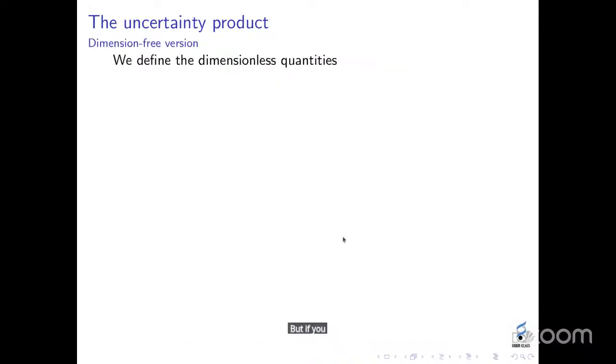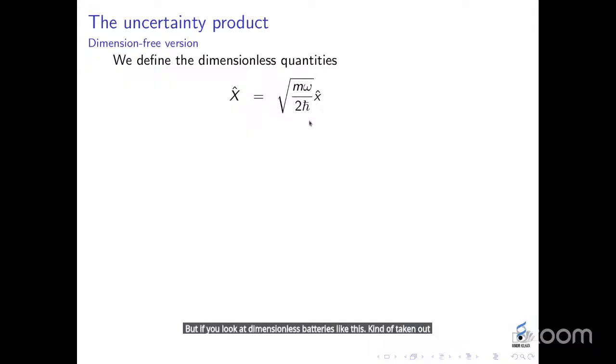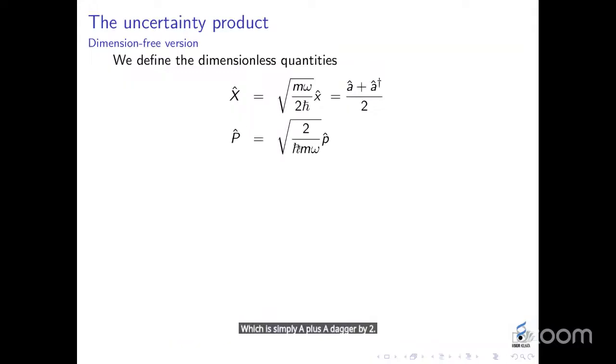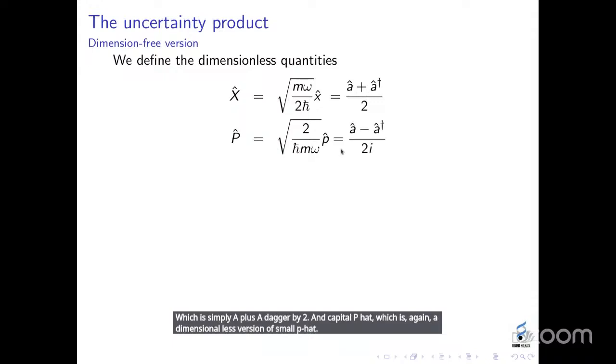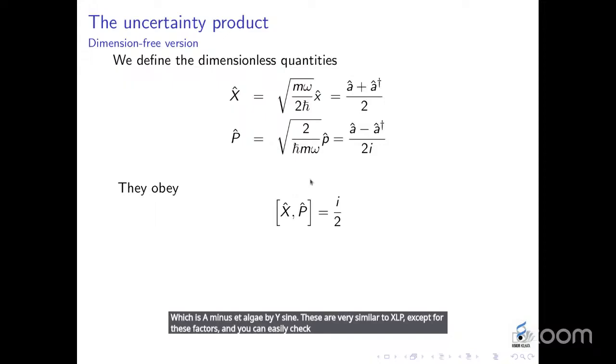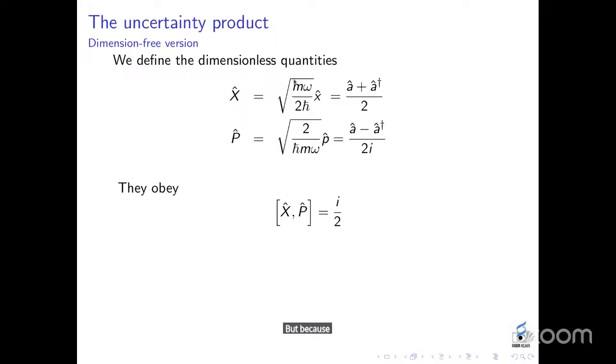But if you look at dimensionless quantities like this, where you have taken out this factor, which has the dimensions of position, capital X hat is simply A plus A dagger by 2, and capital P hat, which is again a dimensionless version of small p hat, is A minus A dagger by twice i. These are very similar to x and p except for these factors, and you can easily check that their commutation relation is also very much like the canonical commutation relation, i H cross for small x and small p, but because of these dimensionless factors, it has become i by 2.